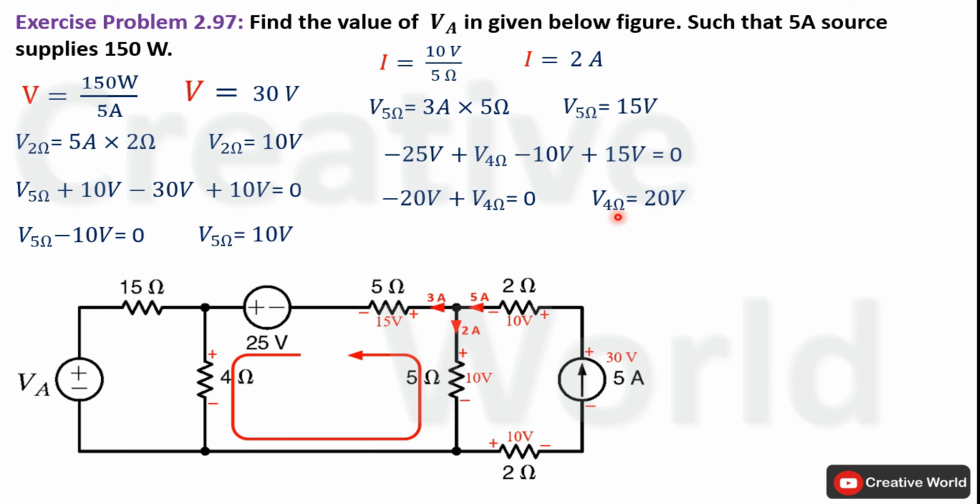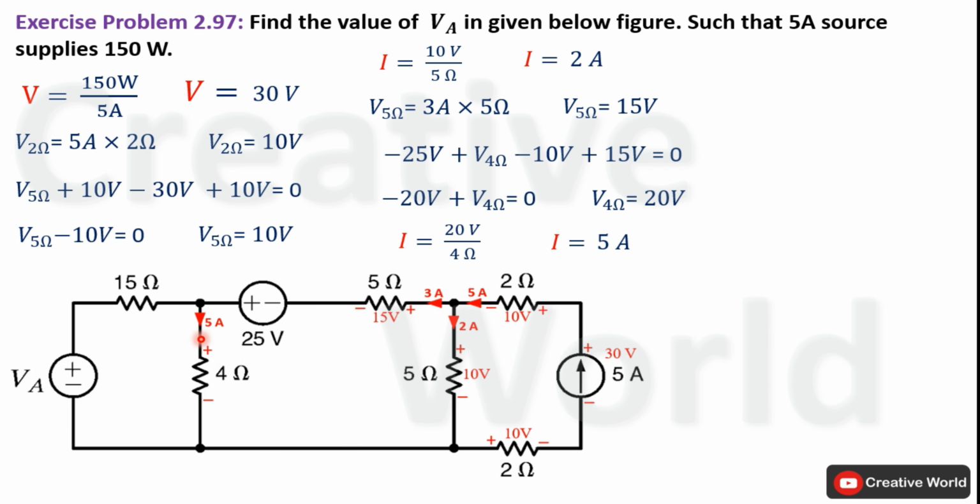After getting the value of voltage across this 4 ohm resistance, we can calculate current through this resistance, that will be equal to 20 volt divided by 4 ohm. So current through this branch will be equal to 5 ampere. And the direction of current will be downward. Modify the network by indicating current through this branch.